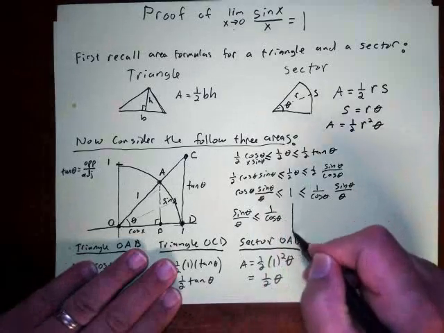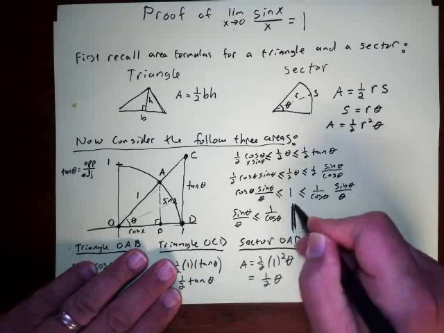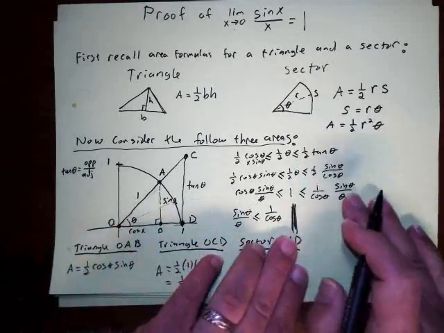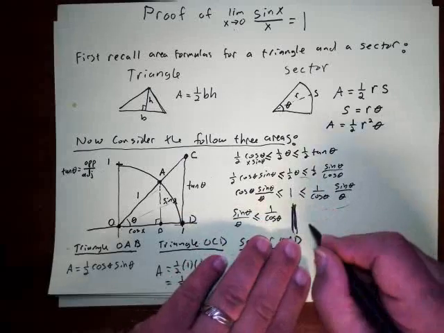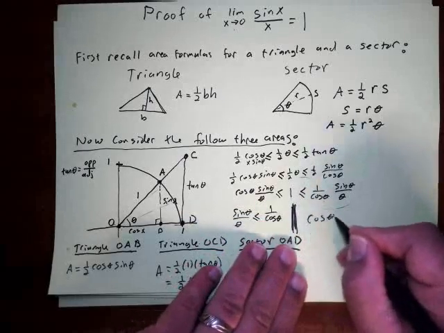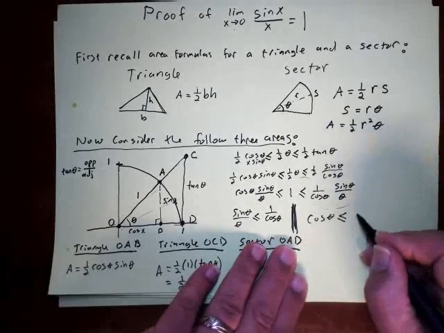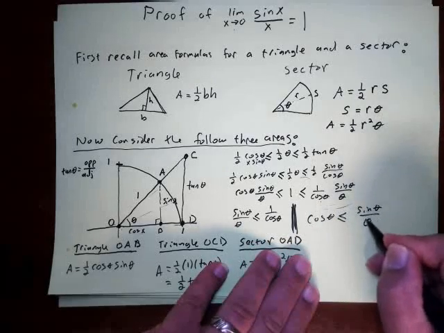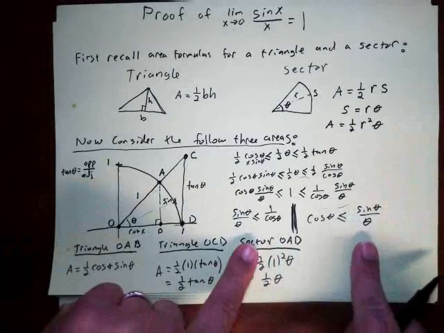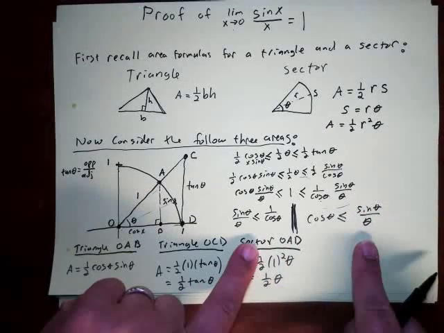Okay, so now I can do this piece here, and move the cosine to the other side, so that I get cosine theta is less than or equal to sine theta over theta. So what I get is these two inequalities here.